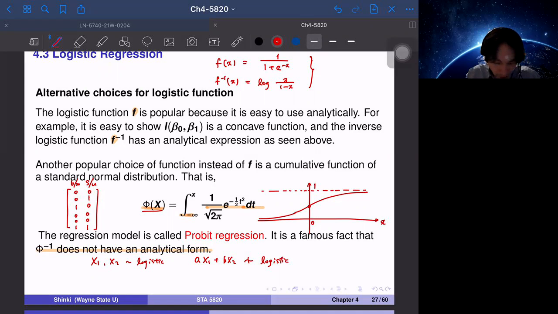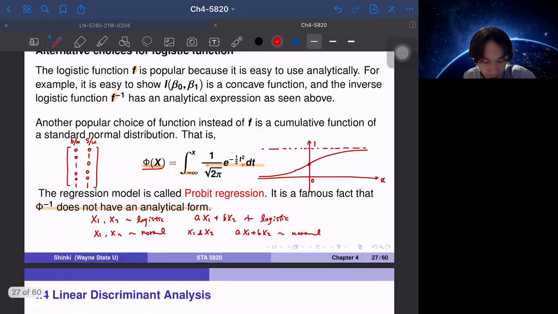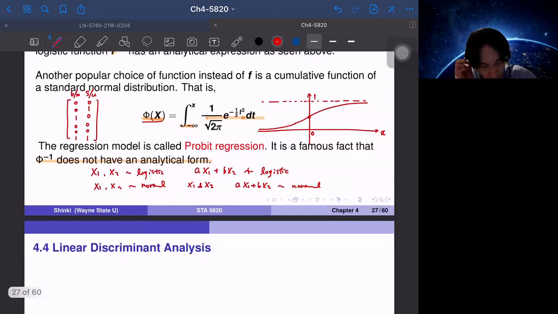But in the normal case, if x1 and x2 are normal and independent, then a x1 plus b x2 follows a normal again. So the normal distribution has good properties for the multivariate case, and there phi of x is actually a better function to use.